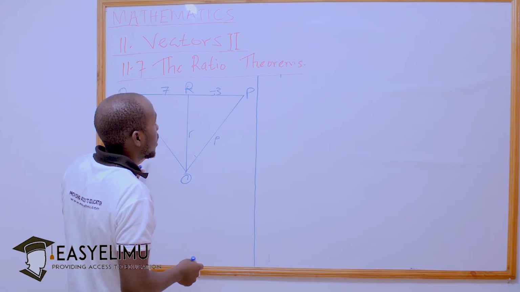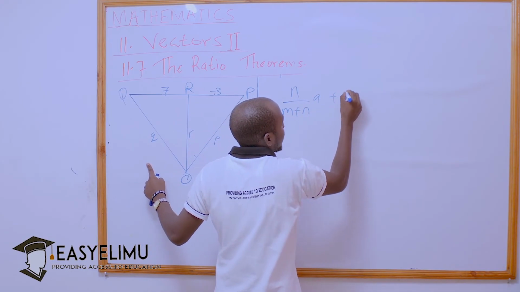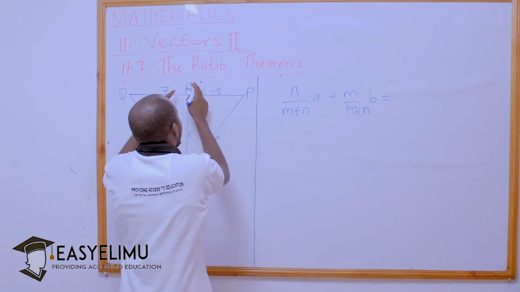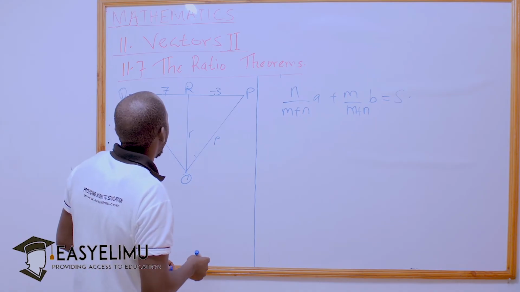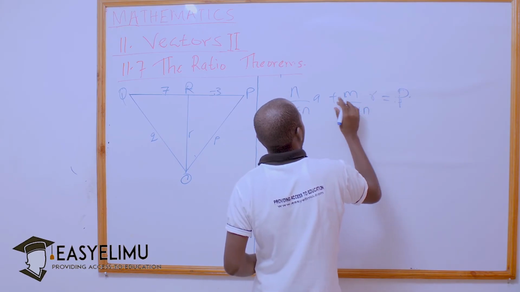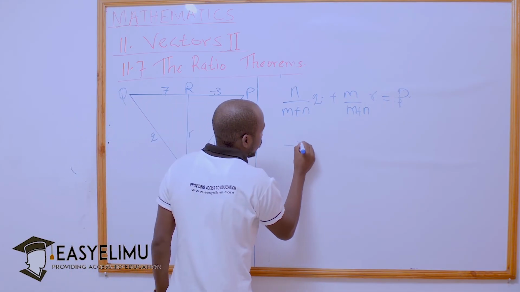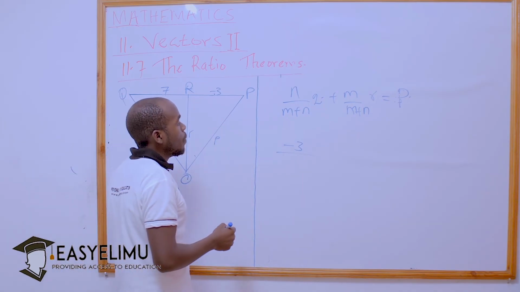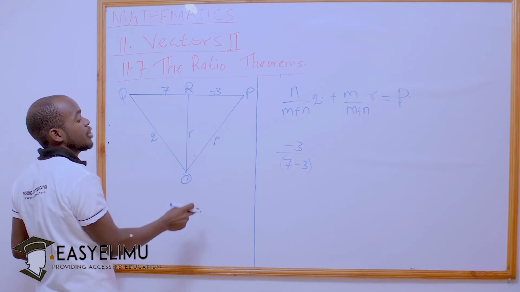So what we are going to do, if we want to give that in terms of Q and R, using the ratio theorem, we said if you take n over m plus n of A plus m over m plus n of B, you will be getting S. So that case applies to what we have here, and our S here now we shall replace by P, B will be replaceable by R, and A will be replaceable by Q. So n will be -3, so using the theorem, -3 over the total ratio, which is 7 minus 3, because if you take 7 plus -3, you will get 7 minus 3.